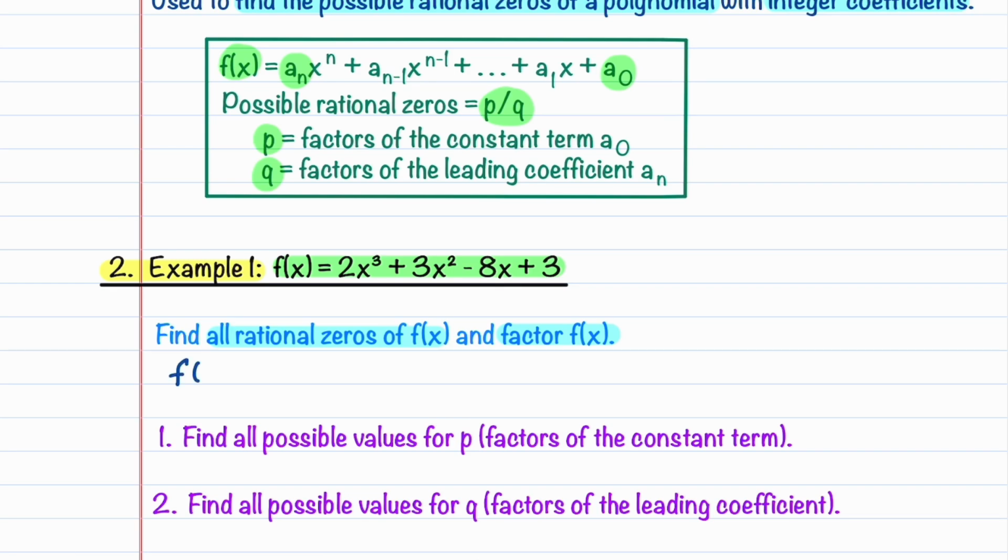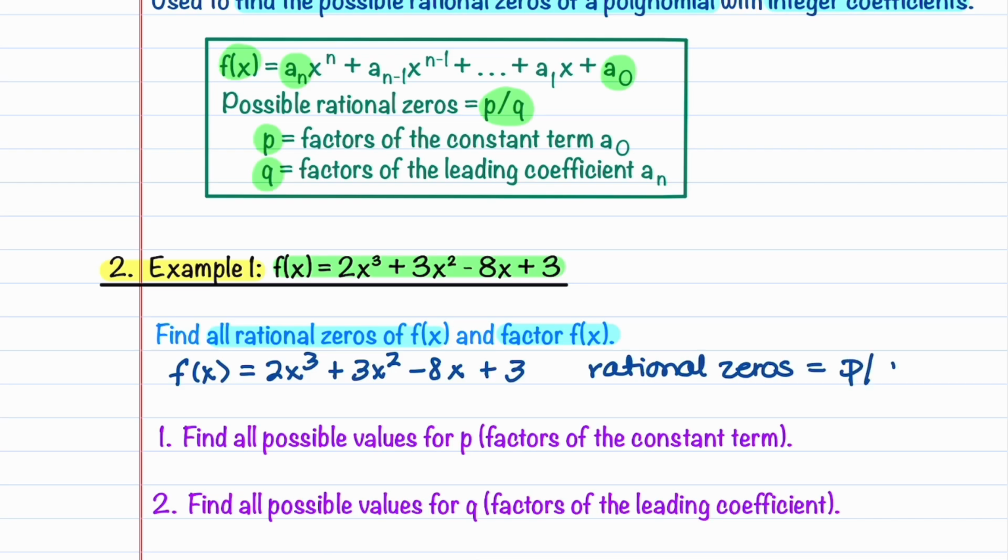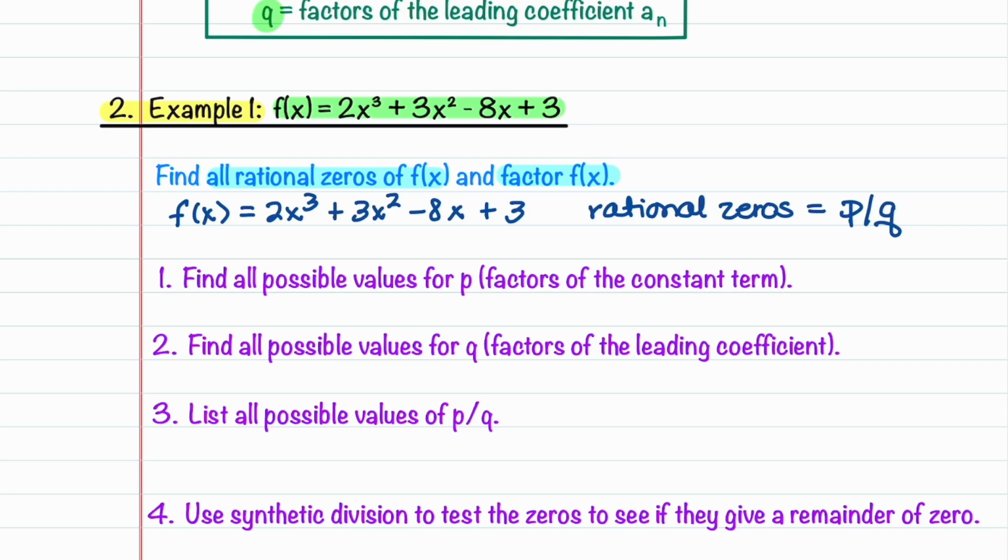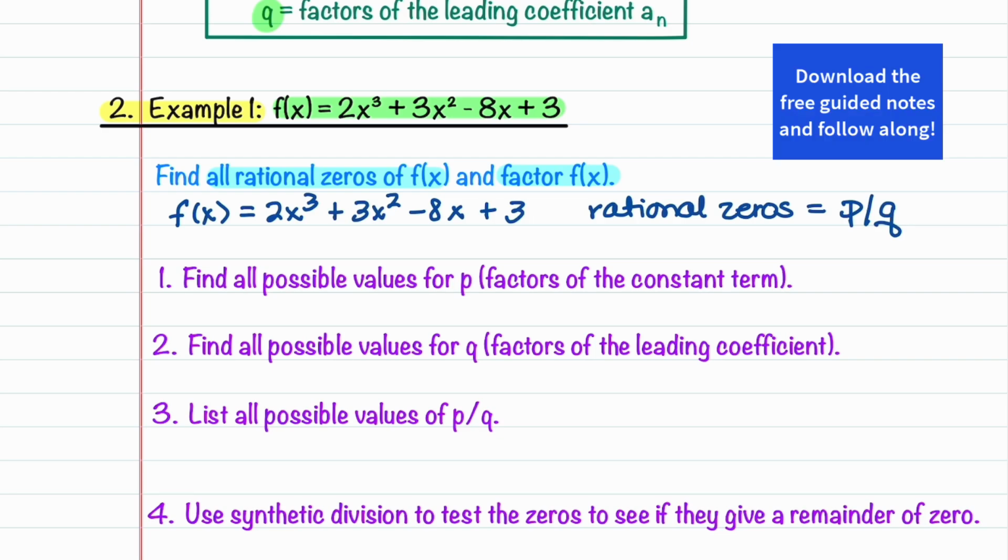Our f of x is equal to 2x cubed plus 3x squared minus 8x plus 3, and our rational zeros are equal to p divided by q. I've written down some steps that we can follow to make this easier.